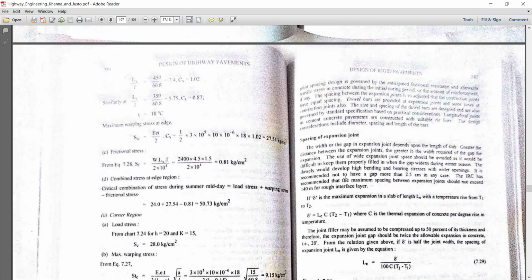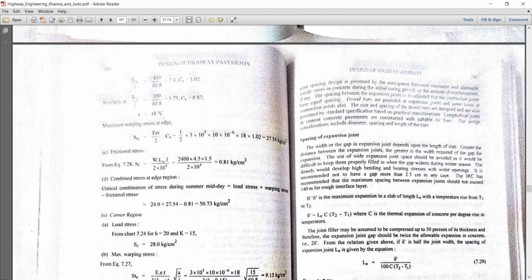The spacing between expansion joints is adjusted, while the contraction joints have equal spacing. Based on the temperature variation, the expansion of the concrete slab can be adjusted, but contraction joints are provided at equal intervals. Depending on temperature, the expansion joint spacing can vary.